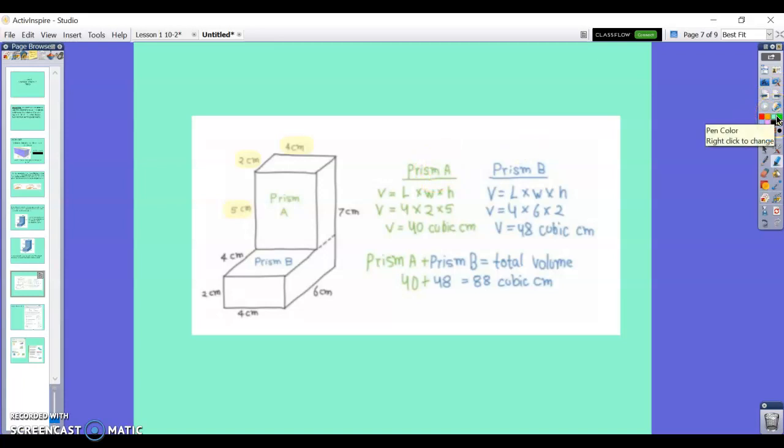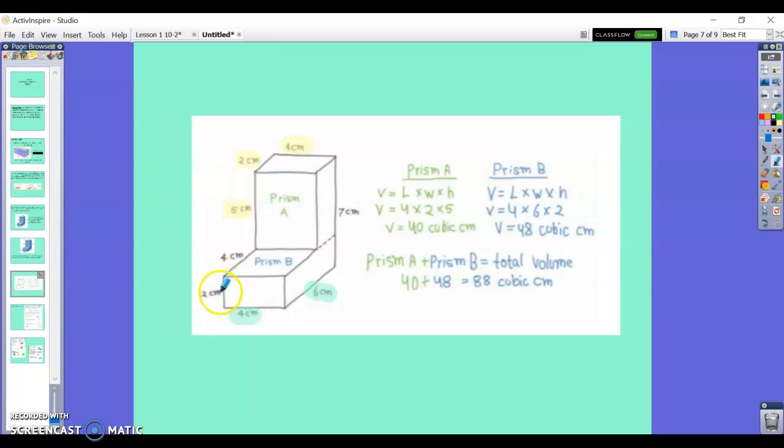Now I need to move on to prism B, and I need to do the same thing and find the length, the width, and the height for prism B. So I can already see that this 6 centimeters represents this entire side. So I know that 6 is going to be my width. I can see that this 4 centimeters here represents this entire side, so that's going to be my length.